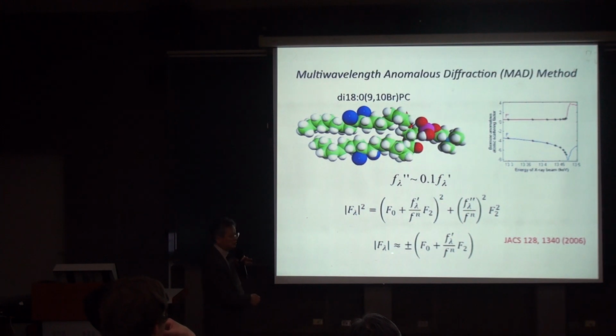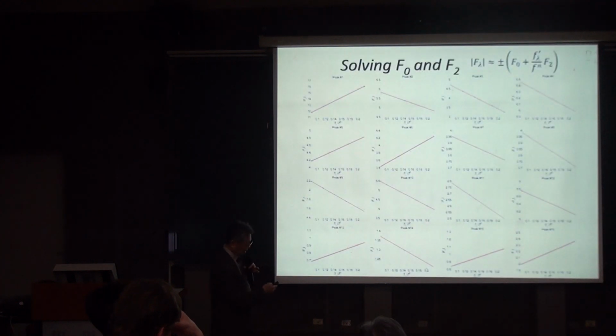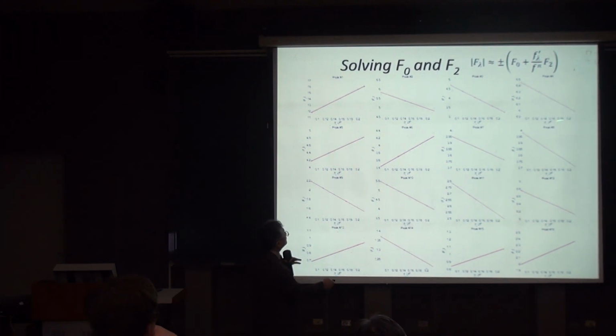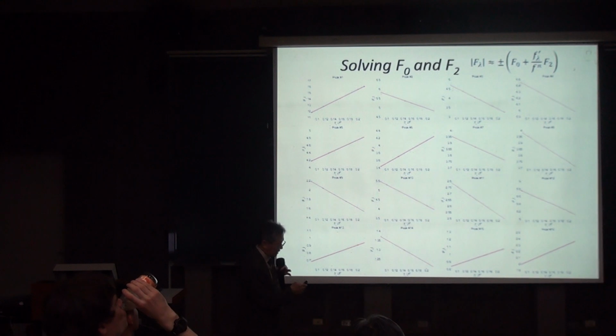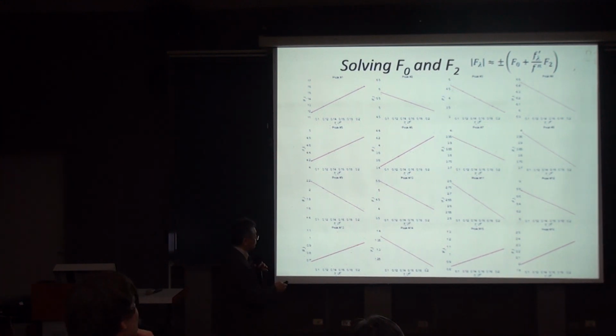This is a complex number, but you measure the magnitude in terms of only linear F0 and F2 with the real part amplitude. Therefore, you can use this plot as a function of lambda prime and use the slope and intercept to obtain both F0 and F2. And in fact, you still have the phase problem, and I don't have time to talk about it.